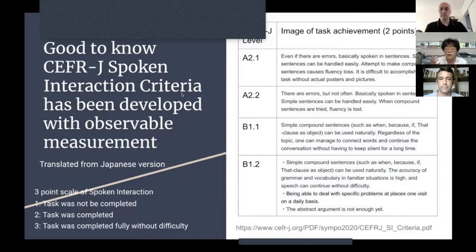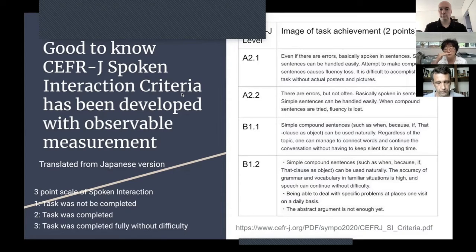And you can see 1 needs some concrete visual material to explain something, but 2, you could do it, but it's basically the simple sentence. So there is an observable measurement criteria identified here. So it is good for us to use this when we assess the students' spoken interaction. So this is what we are relying on.